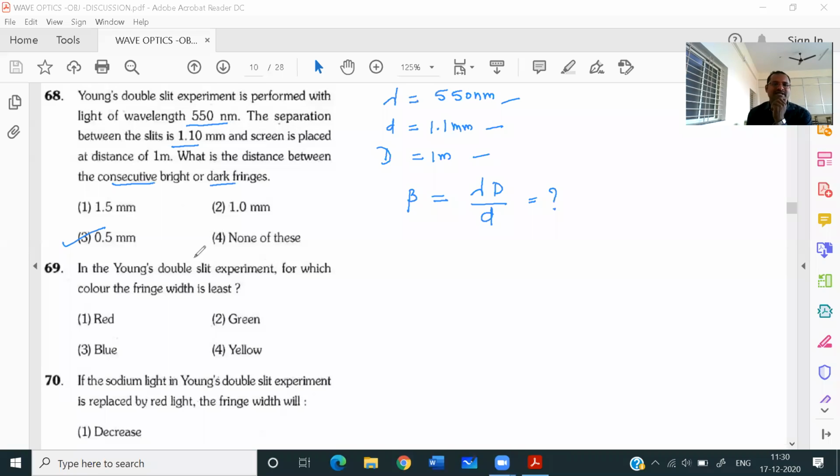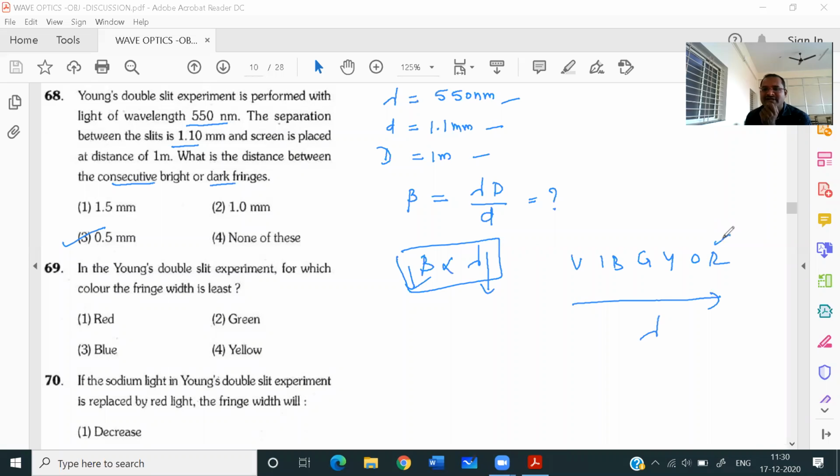Next, 69. In Young's double slit experiment, for which color is fringe width least? See, fringe width depends upon wavelength lambda. Fringe width should be less, means wavelength should be less. Wavelength is increasing along VIBGYOR, maximum for red.